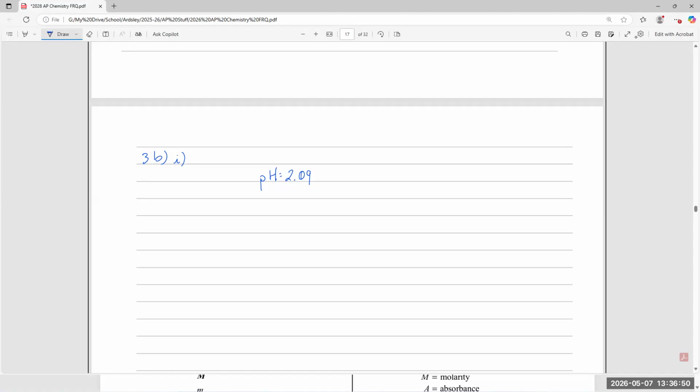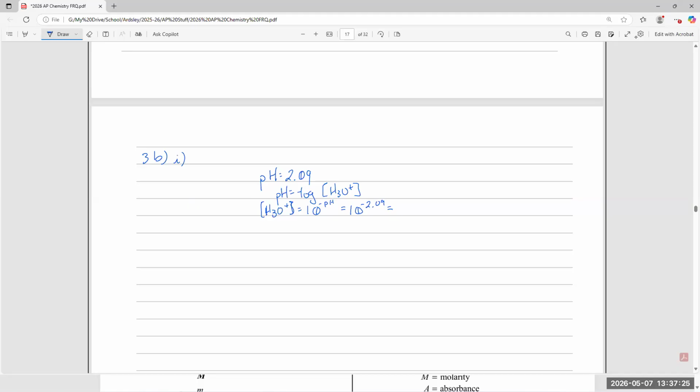So what do we do? pH calculation is pH equals negative log of our hydronium ion concentration, right? That means our hydronium ion concentration is equal to 10 to the negative pH. And it is this simple, right? And what does that give us? That gives us 10 to the negative 2.09.